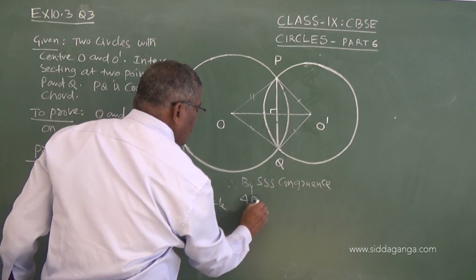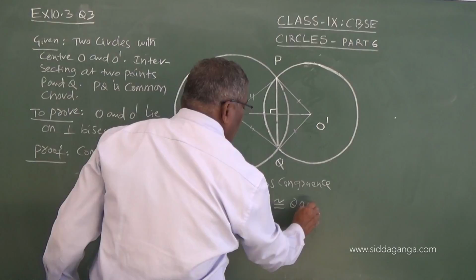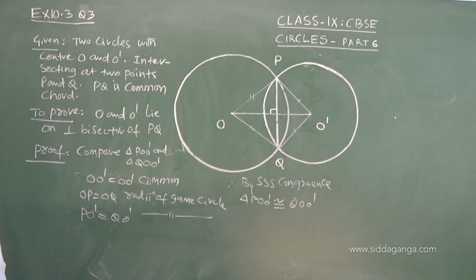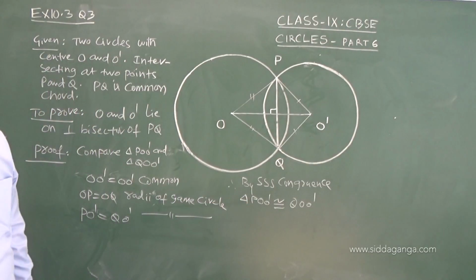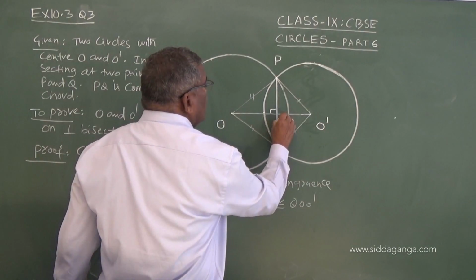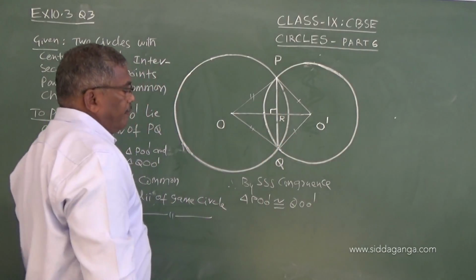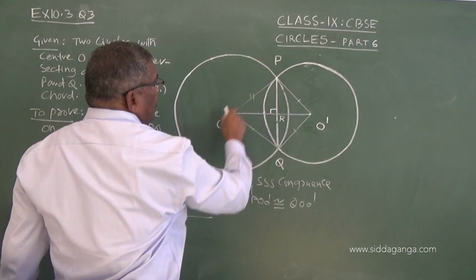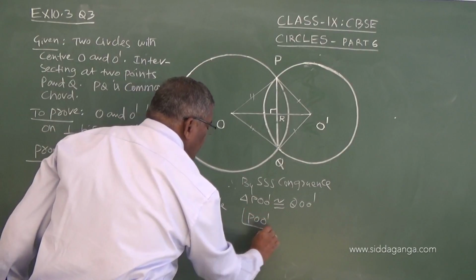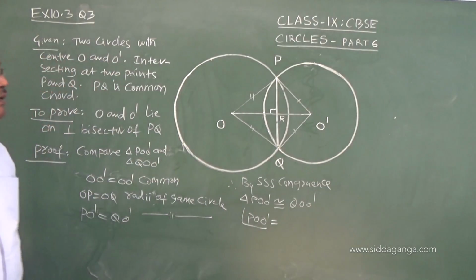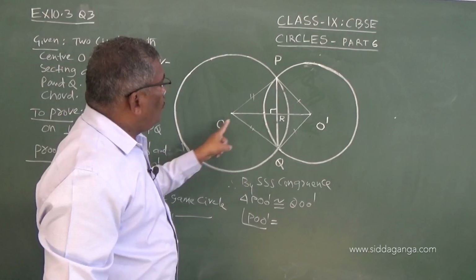So, triangle PO dash is congruent to triangle QO dash. Therefore, angle PO O dash is equal to angle QO O dash.